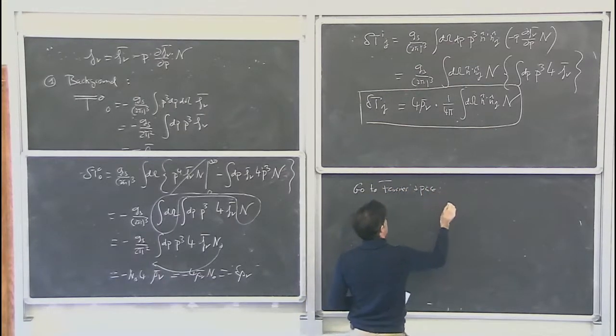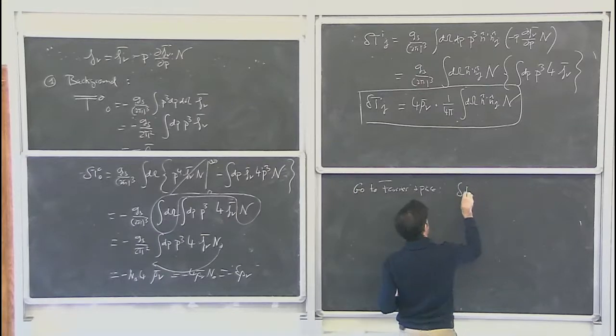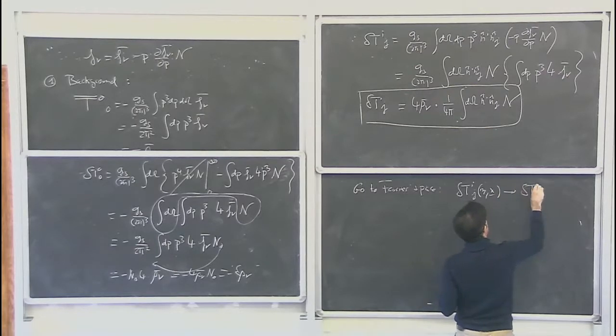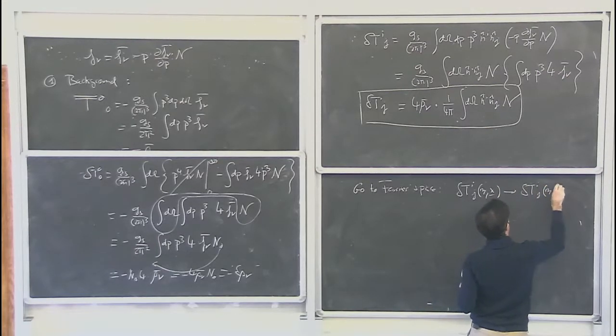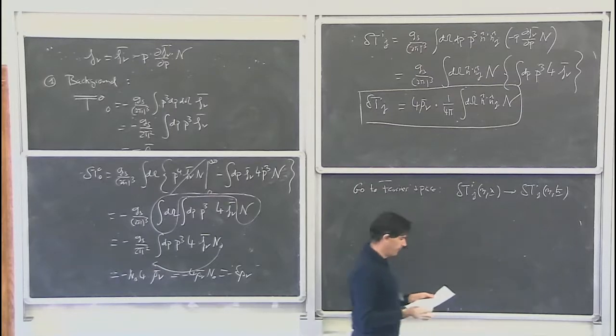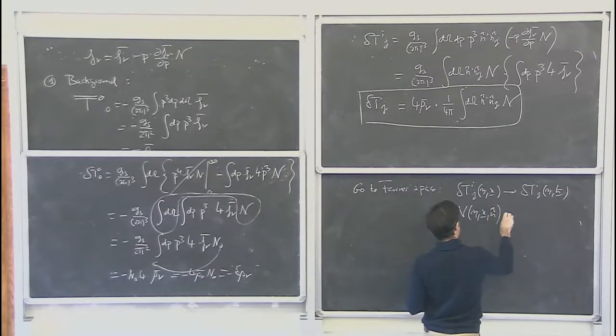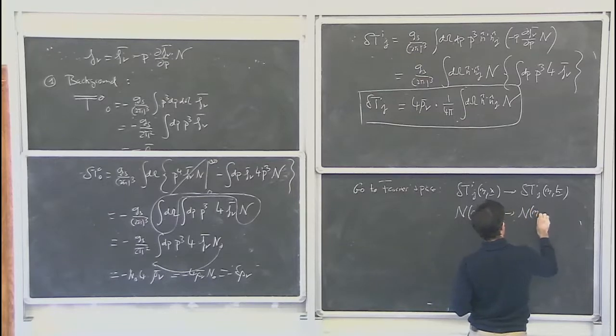So I will take delta T_ij, which is a function of eta and x, and go to a function of eta and k. I will do the same for n, a function of eta, x and n hat, which becomes a function of eta, k and n hat.